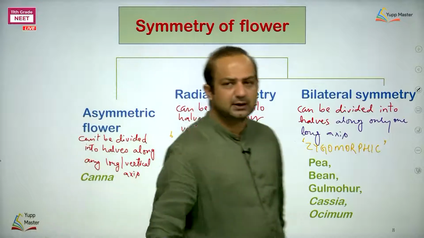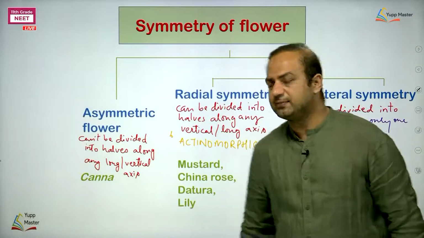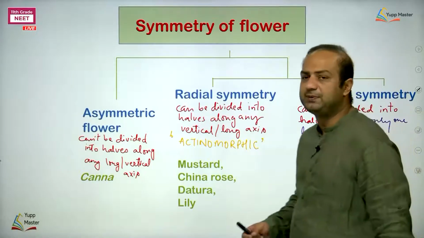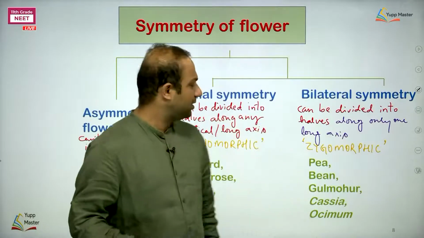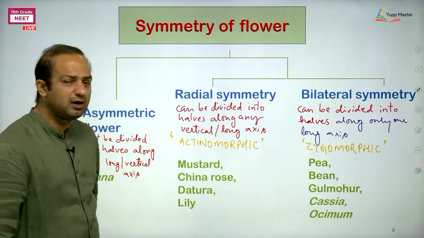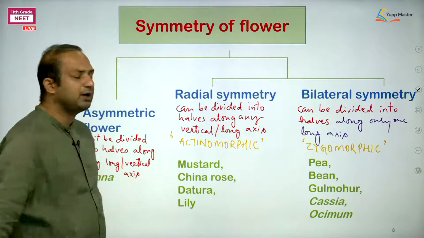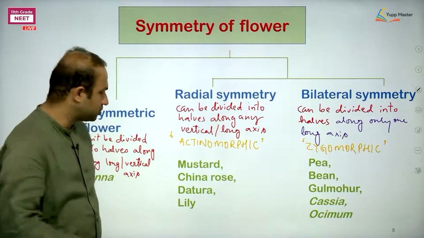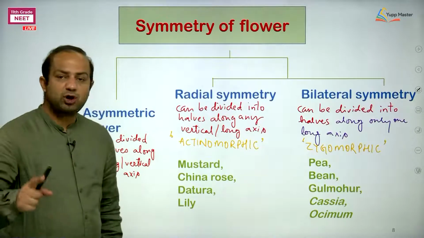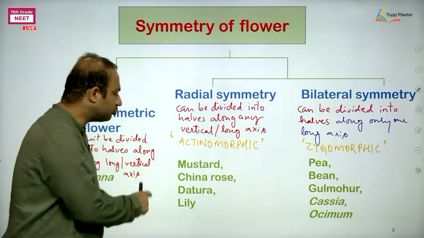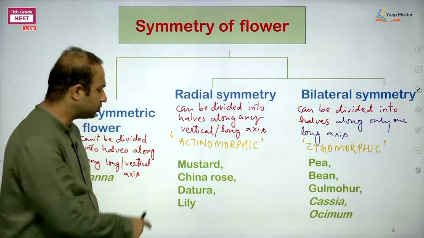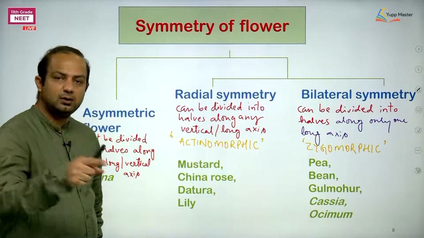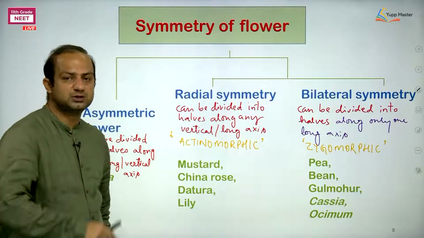Asymmetrical flowers are seen in Canna. Zygomorphic symmetry is seen in flowers like pea, bean, gram, gulmohar, cassia, ocimum. And radial symmetry, or actinomorphic flowers, are of mustard, radish also, China rose, cotton, ladyfinger also, datura, brinjal and tomato also, lily, glory lily or gloriosa also.